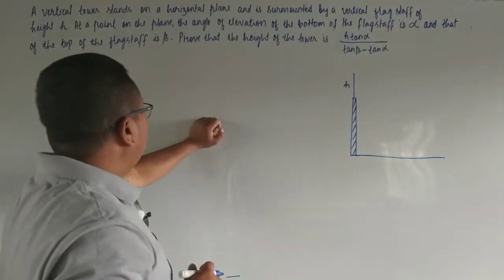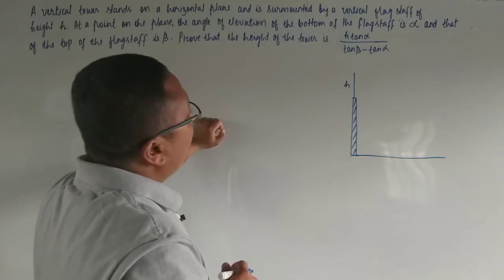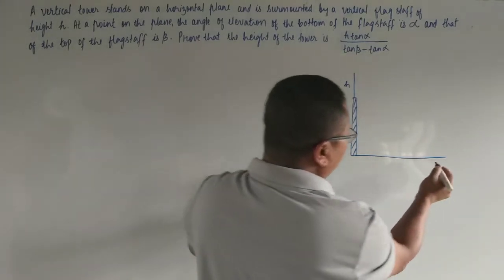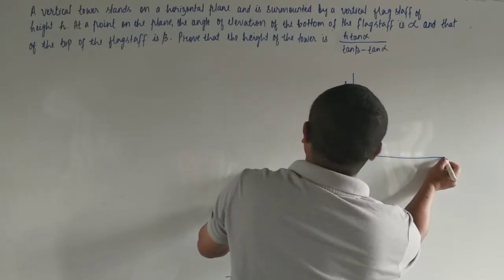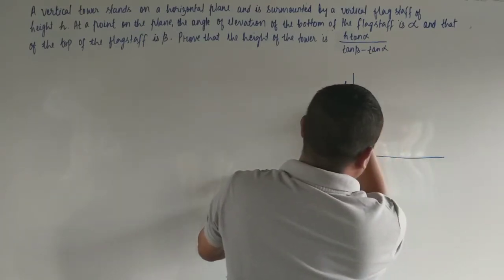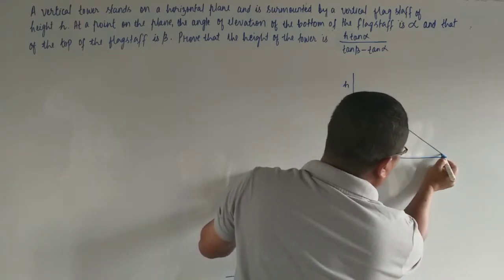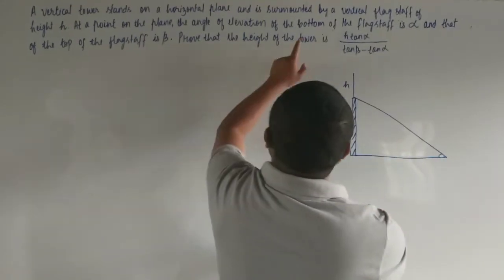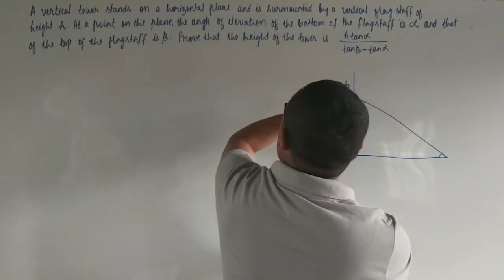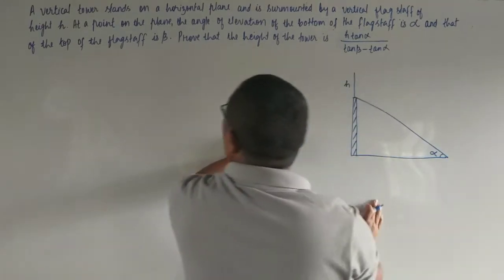At a point on the plane, the angle of elevation of the bottom of the flagstaff. So this is the bottom of the flagstaff. So I'm going to just draw this, and the angle of elevation of the bottom of the flagstaff is given to be alpha.